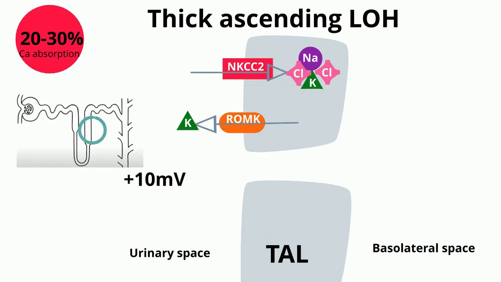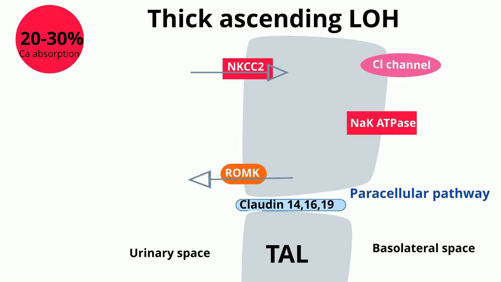The thick ascending limb. This is the thick ascending limb of the loop of Henle. This is where furosemide works. Furosemide competes with the sodium 2-chloride potassium channel. It interferes with the chloride component, the NKCC2 channel. So if furosemide was not there, normally sodium 2-chloride and potassium will get reabsorbed.